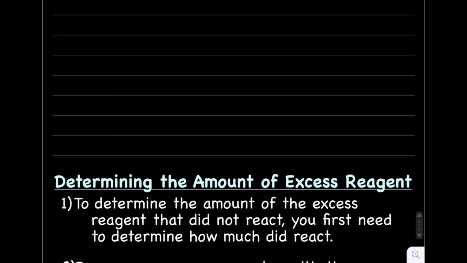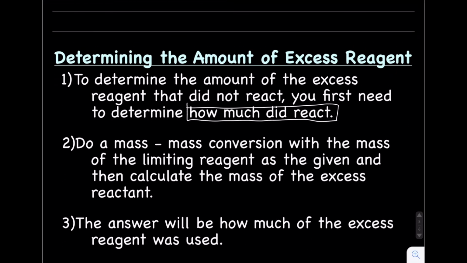To determine the amount of excess reagent that did not react, you first need to determine how much did react. For example, how much exactly peanut butter and jelly did we use? So to do that, you do mass-mass conversions with the mass of the limiting reagent as the given, and then calculate the mass of the excess reagent.